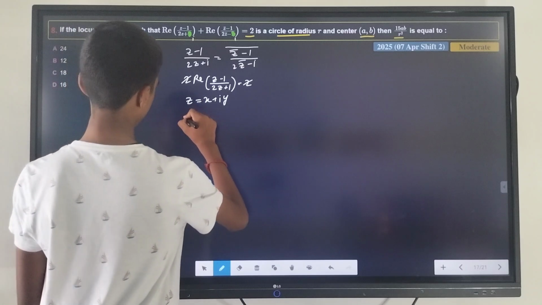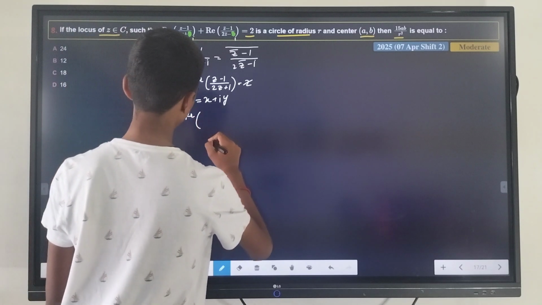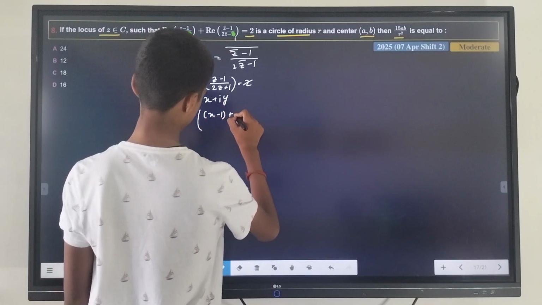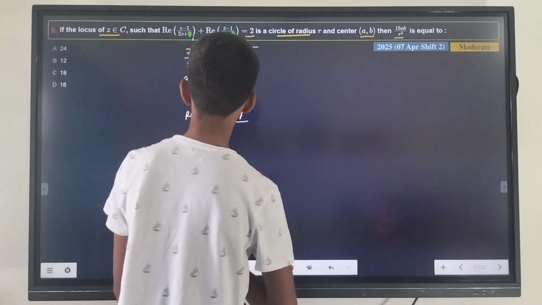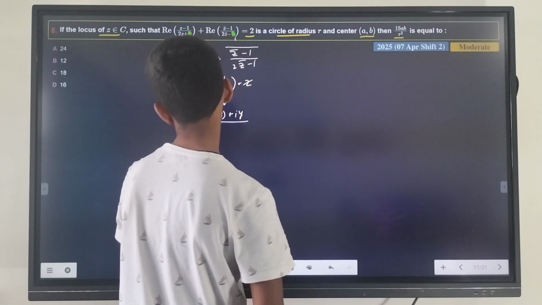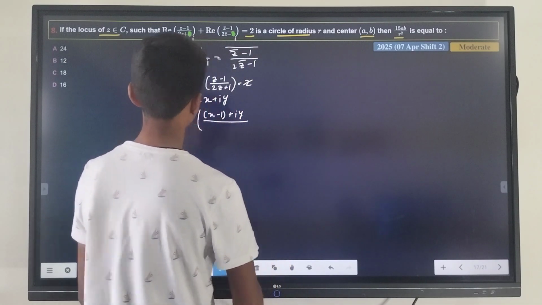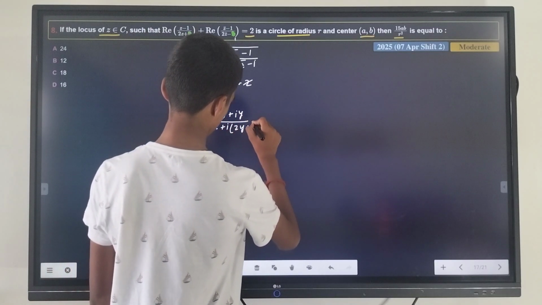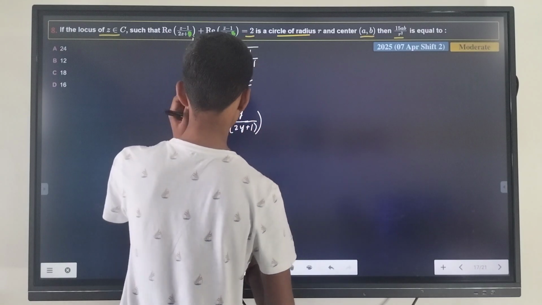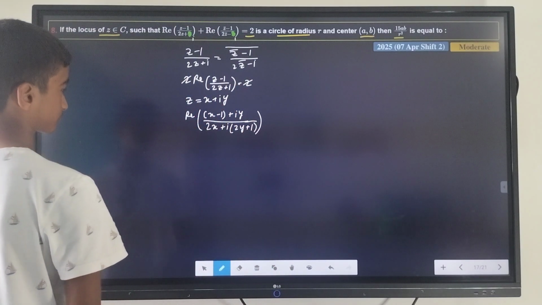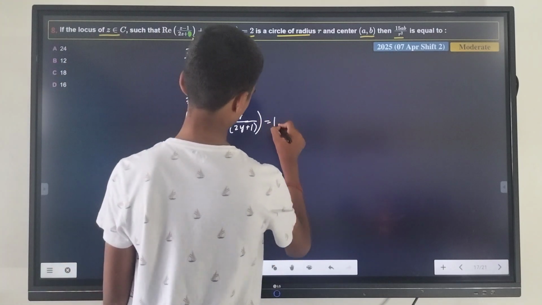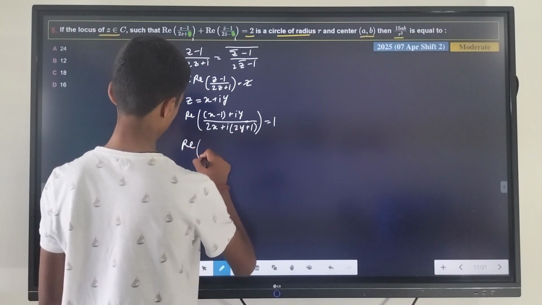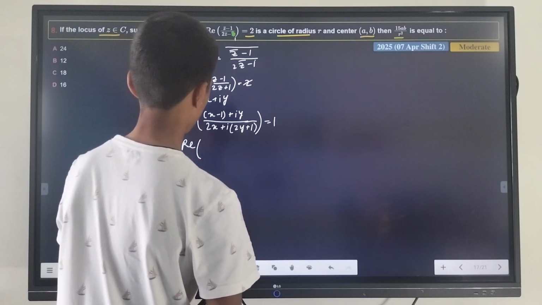Then we will get real part of x minus 1 plus iota y upon 2x plus iota 2y plus 1 is equal to 1. From here we will rationalize with respect to the denominator.